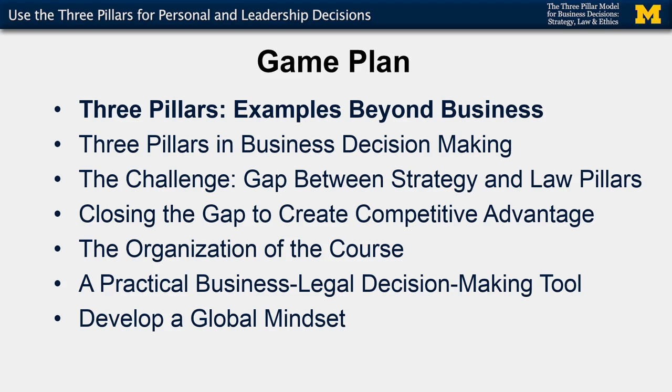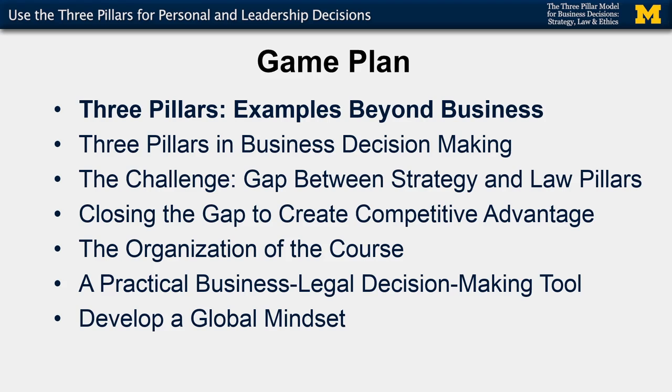Then we're going to talk about how you can close the gap to achieve competitive advantage. I'll then cover the organization of the course, and we'll look at a very useful and practical business and legal decision-making tool. And finally, I've got some comments on developing a global mindset, which is important today in our global economy.